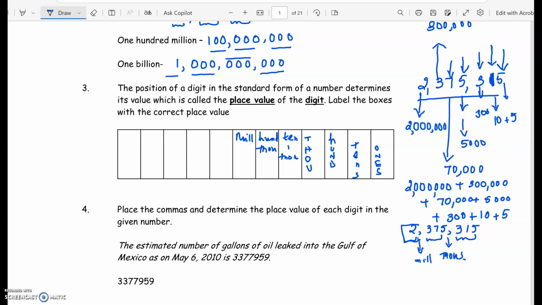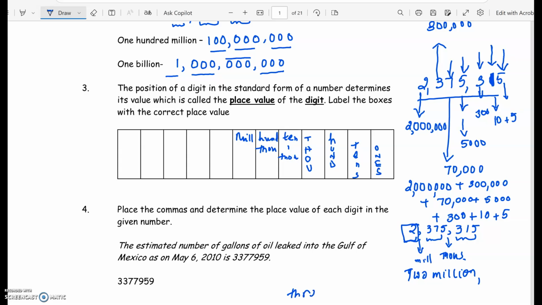So read the number just the way it appears. So it's 2, and then the first comma is a million. Then the next 3 digits, read it just the way as you would read any other number.